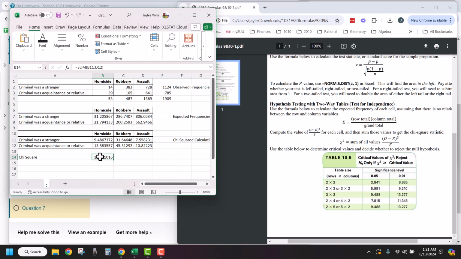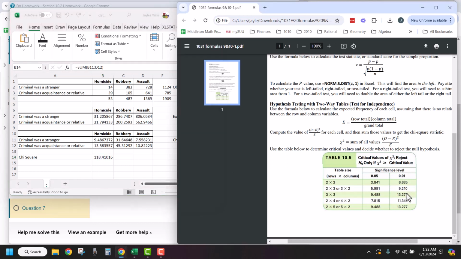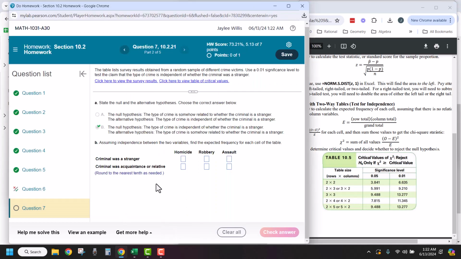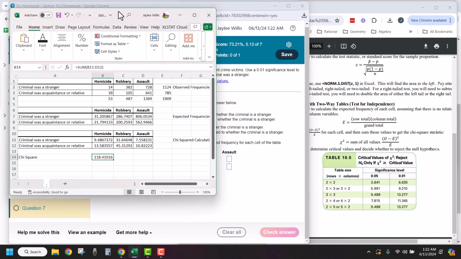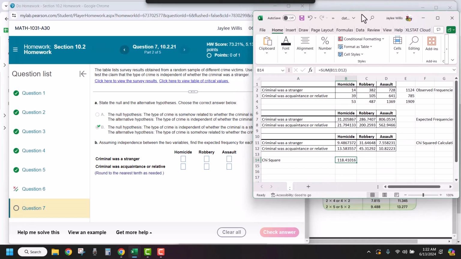But if this number had added up to like 4.5 or something that was less than 5.99, then we would not be able to reject our null hypothesis. And similarly, if you have another significance level, like a 1% significance level, you would have a slightly different critical value. But in this case, I haven't filled out all my stuff yet, so let me do that really quick.